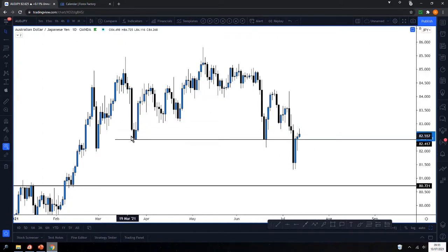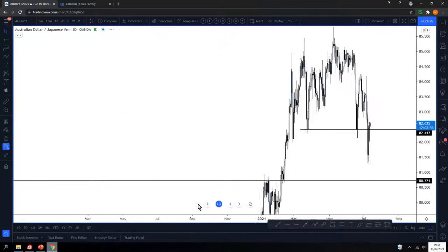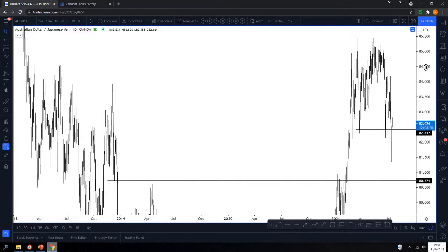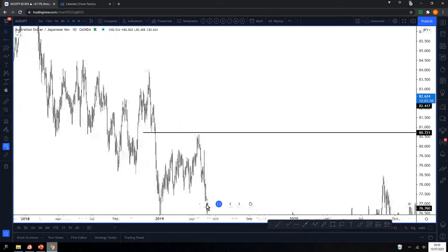We broke below this support level here, and there's a chance that it could have another move down. And I like this level here around about 80.72 because if we just go back, can you see this low here? This actually goes back quite a way to 2018.